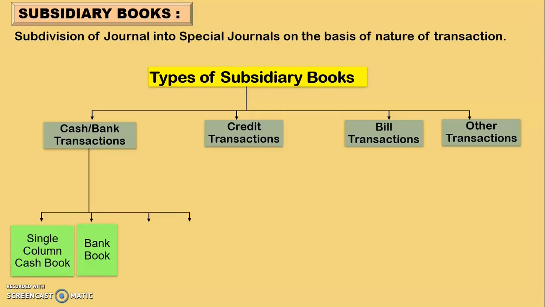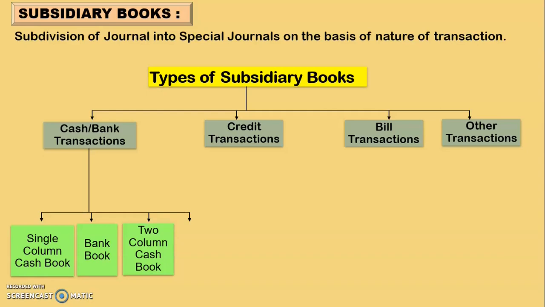Now under cash transaction, there's single column cash book and bank book. So here the businessman or business organization will maintain a cash book wherein all the cash transactions are recorded. And if there are any bank transactions, then those bank transactions are recorded in the bank book. Now some business organizations may combine these two books and maintain a two-column cash book.